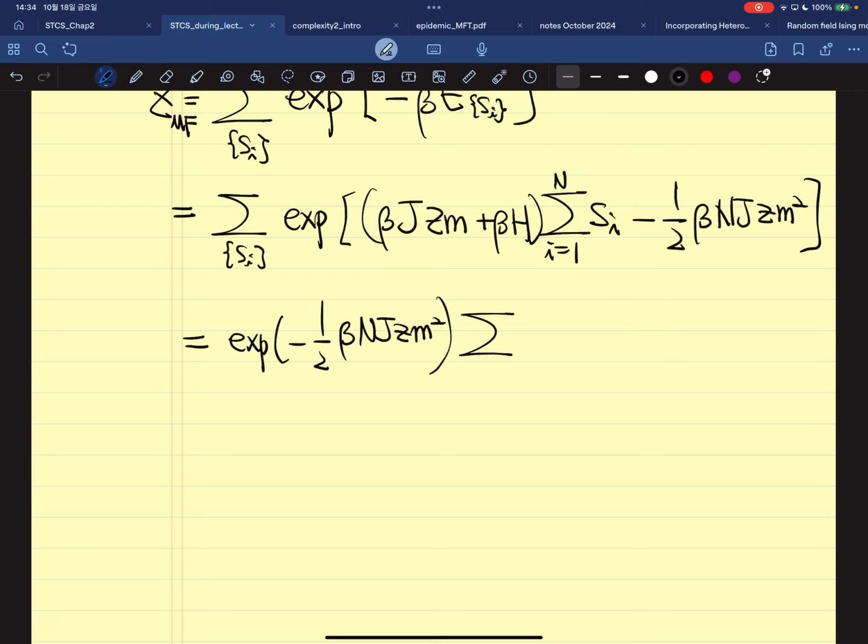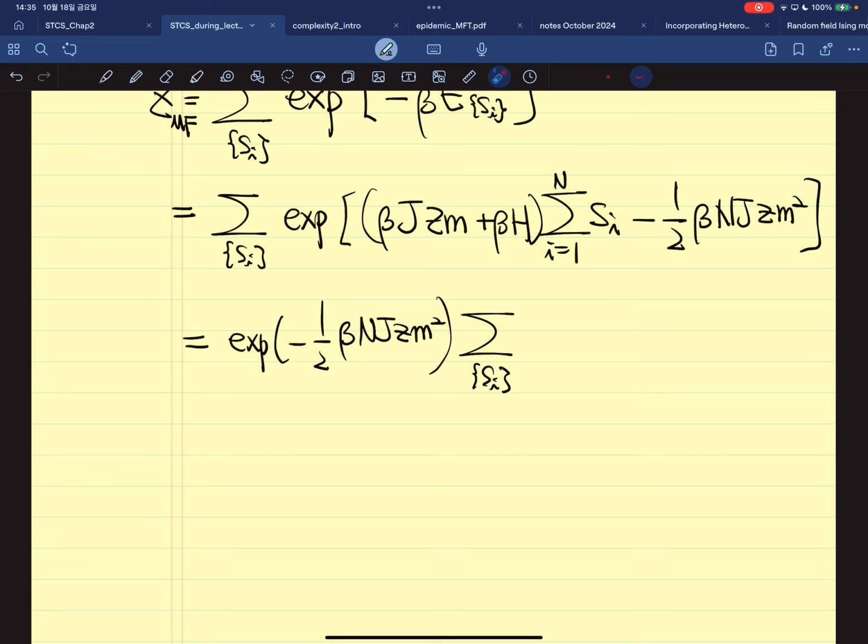And the thing we should actually calculate, if you consider this thing, as we already did for the non-interacting paramagnetic system, this is a possible state, and this is a linear sum.